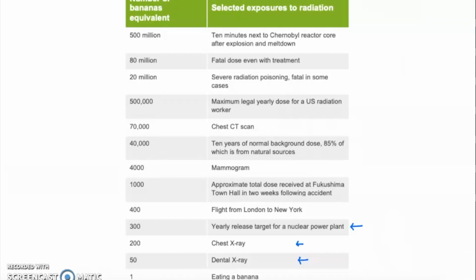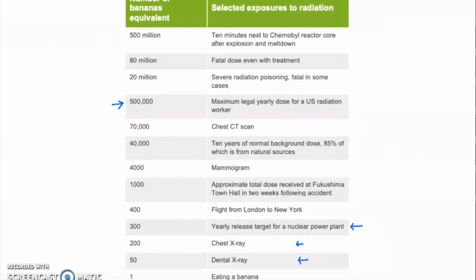10 years of normal background dose, about 85% of which comes from natural sources, is like 40,000 bananas worth of radiation. A chest CT or CAT scan, 70,000 bananas worth. The maximum yearly dose for a U.S. radiation worker is 500,000 bananas worth.